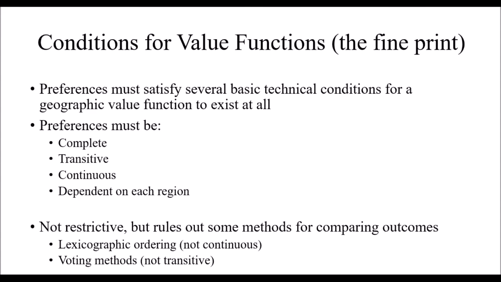All right, and again, those are just the technical, theoretical stuff that we need to justify using a value function at all. What we're more interested in are the conditions that let us use a practical form of a value function that we could actually assess. Right? We don't want just any value functions. We want something that we've got a realistic hope of implementing. So there are 2 more conditions that will get us all the way there.